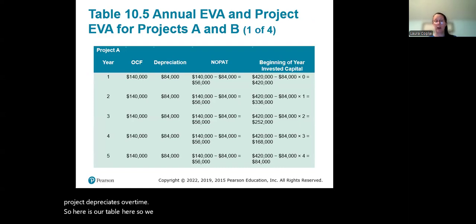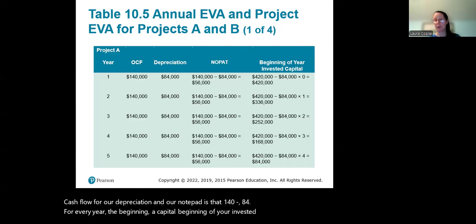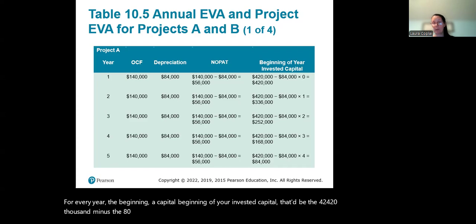So we have our cash flow for A, our depreciation, and our NOPAT is 140 minus 84 for every year. The beginning of year invested capital, that'd be the 420,000 minus the 84, which is the depreciation, times 0. So we're not depreciating anything really this year.